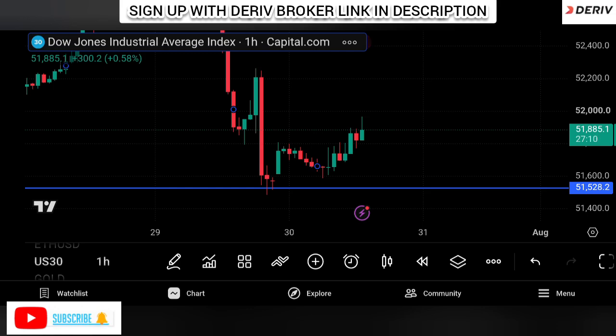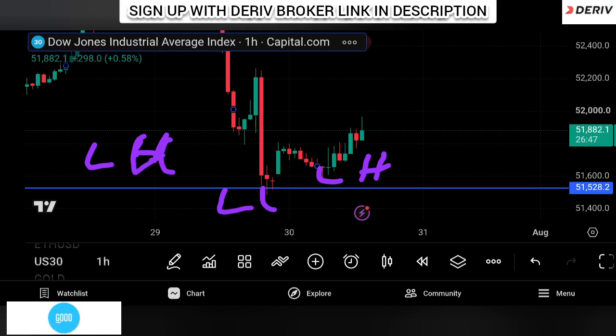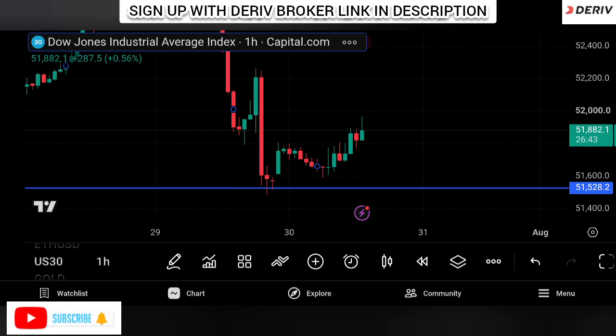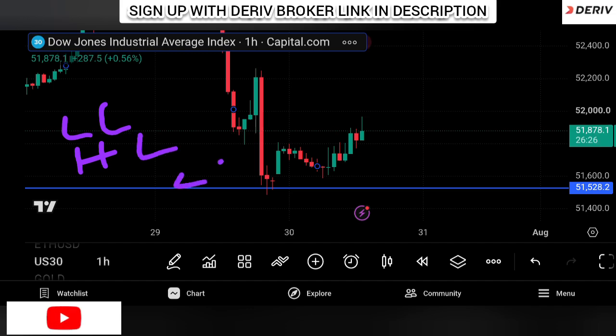As I've said, guys, a double bottom that doesn't have equal highs consists of a lower low and a higher low, or it will have a lower low and a lower low.